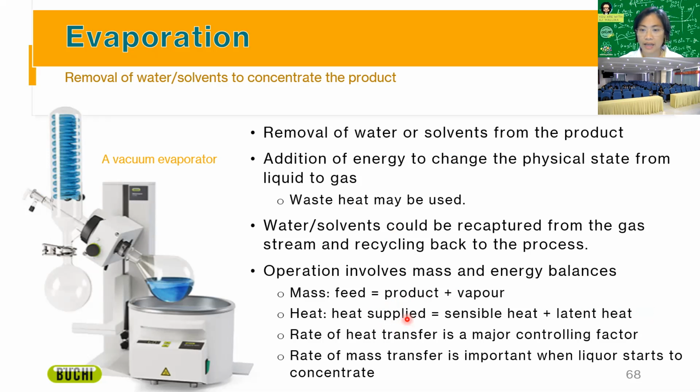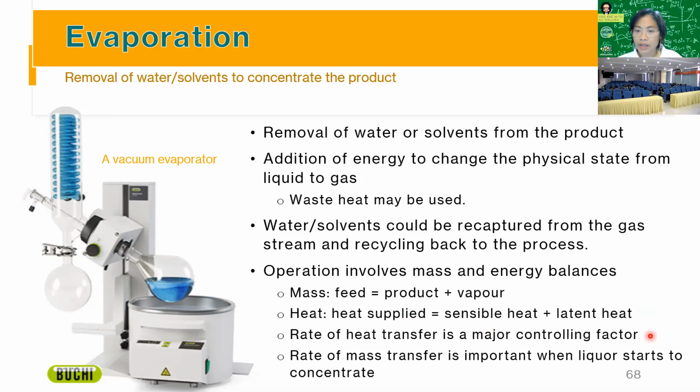The heat that you supply is used as sensible heat to increase the temperature, and as latent heat, the heat for changing the phase from liquid to gas. So it has to have enough heat for these two things to happen.